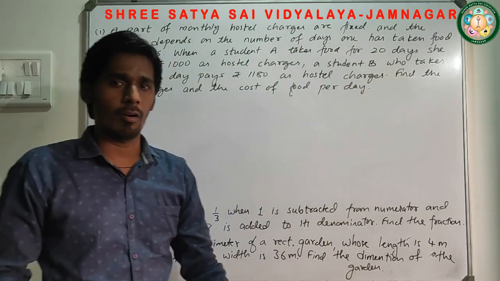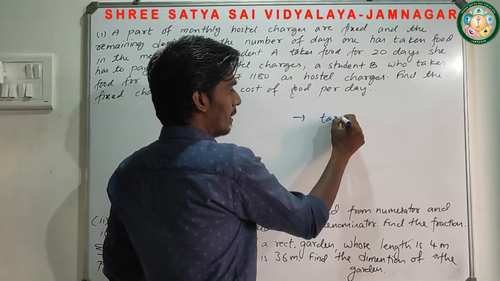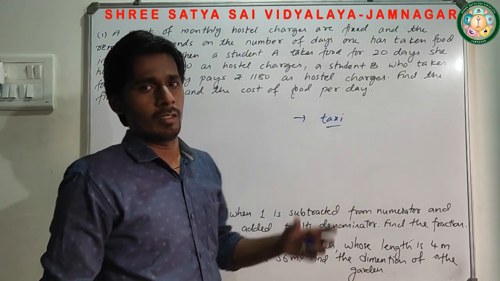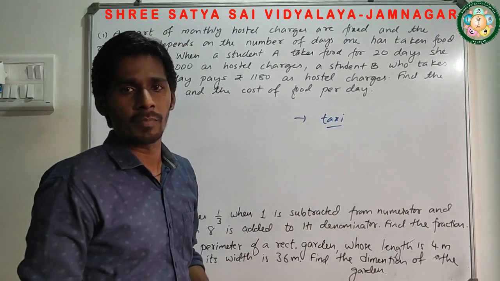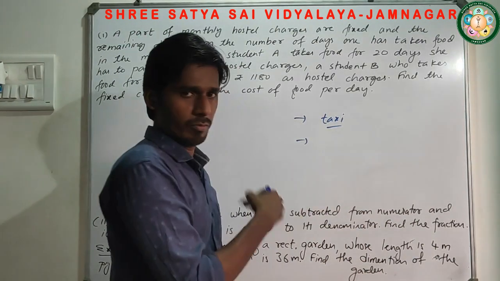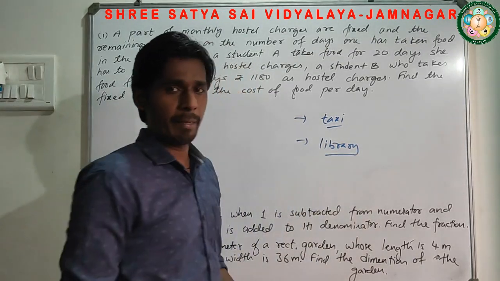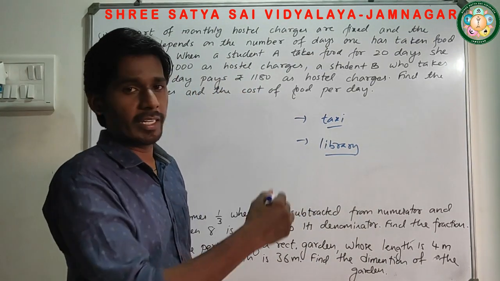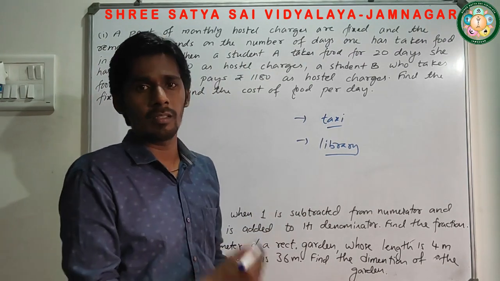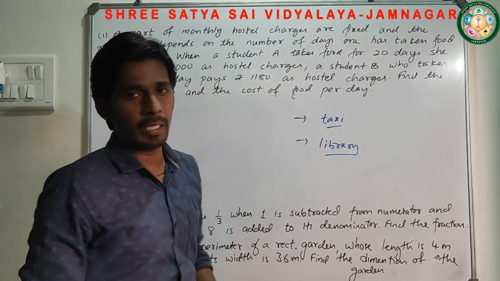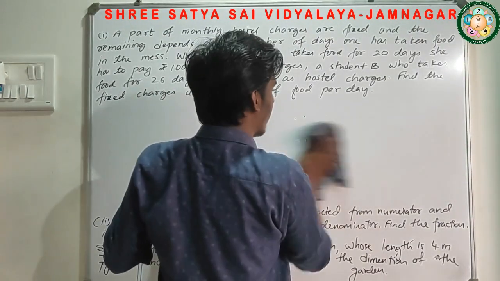A similar type of question we have already done in 3.3, the taxi one, in which some of the amount is fixed and another depends on distance. Another similar question which we have done is of the library, in which the rate is fixed for 3 days and for the remaining days the charges depend on days. So we can relate the same type of question here, but now it's related to hostel and its charges.